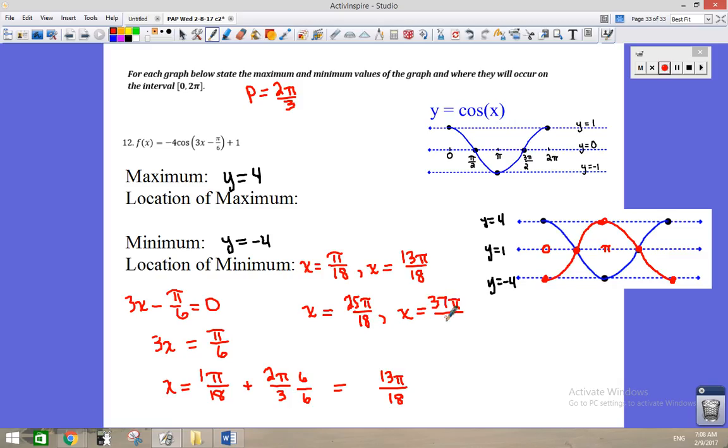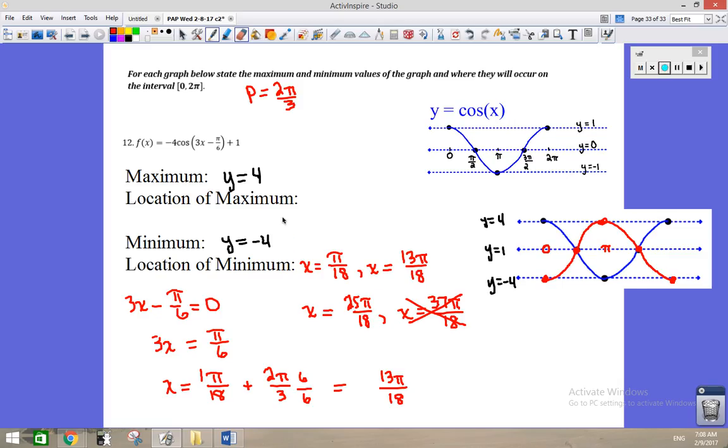But 37 is bigger than 36. 36 over 18 is 2. They wanted me on 0 to 2 pi, so that one's outside of the interval. So I know that if I plug in these 3 different x values into this function, the output of this function will be at a minimum value of -4 at each of those locations.